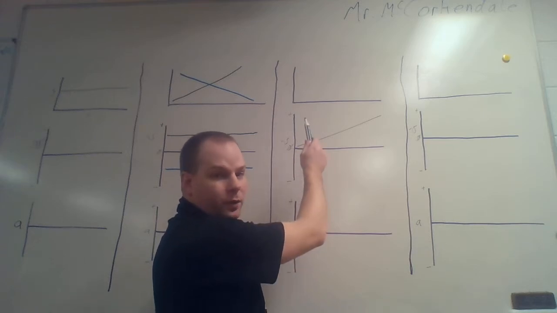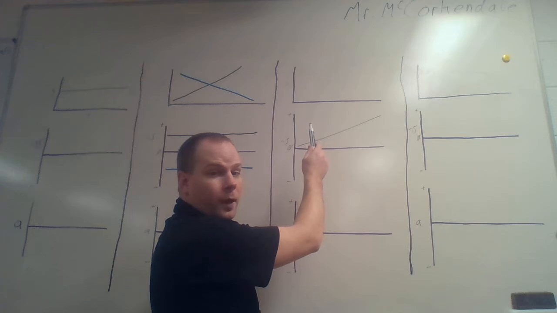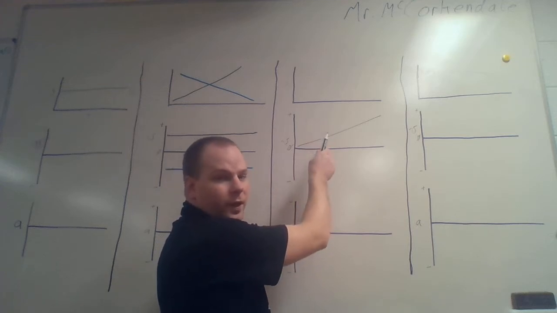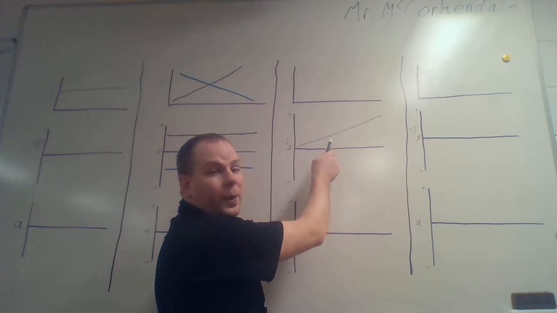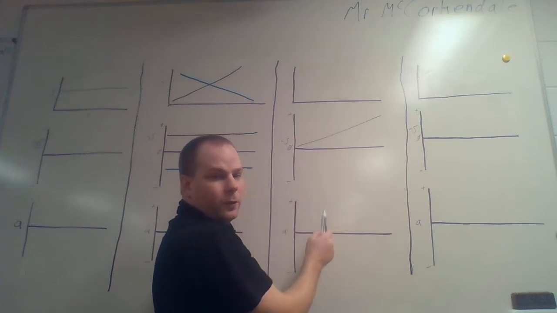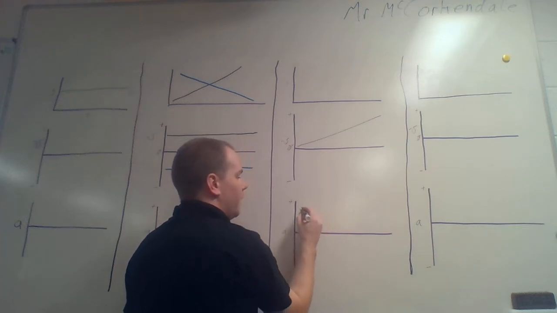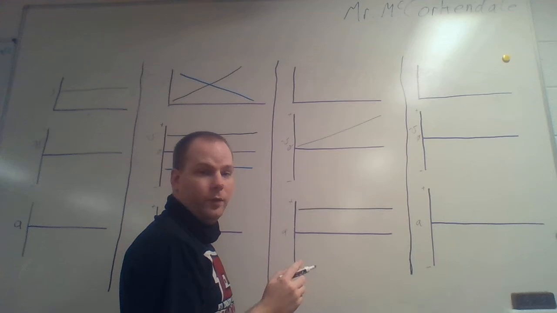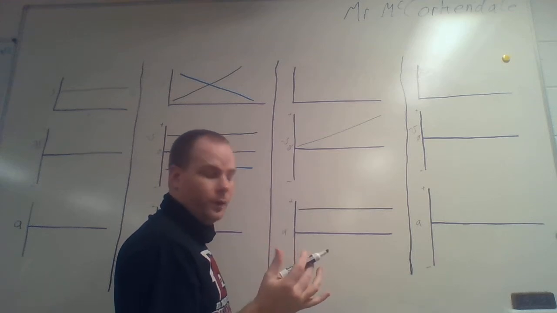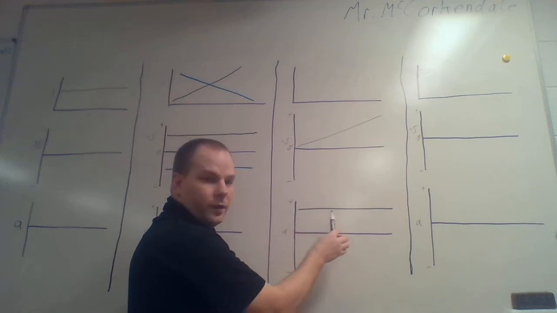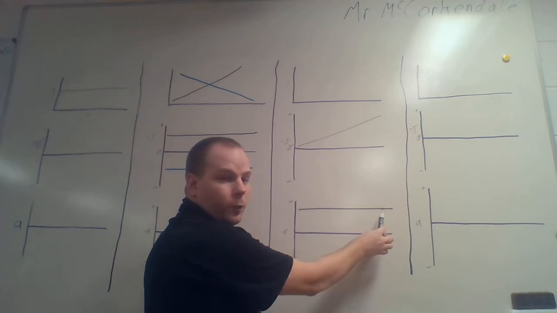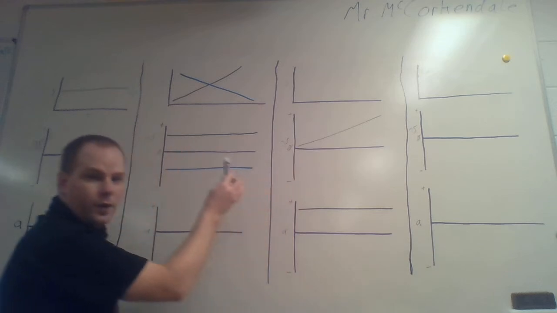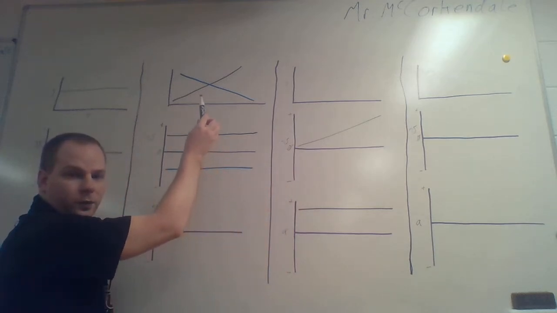We have a positive velocity. That means we're moving away. So if this is away from the detector and it's positive slope, the acceleration has to be a horizontal line above zero. So here, this is because it's horizontal. It's horizontal because this is straight, much as this was horizontal because this was straight.